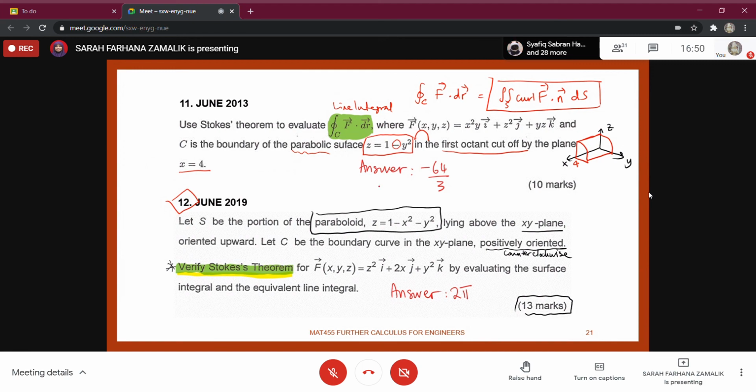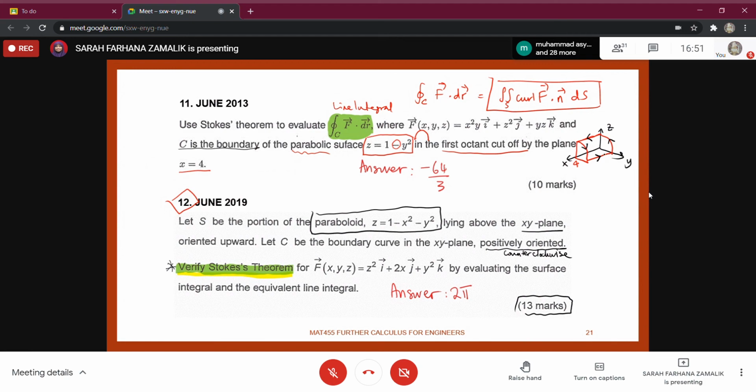So yes, where is our S? Before that, where is our C? C is the boundary. So this is our C. Counterclockwise, okay?